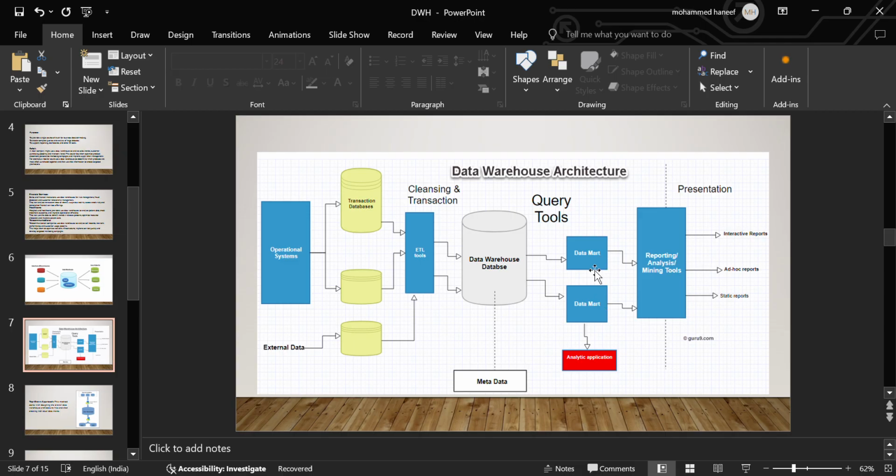Because if you see in the enterprise data warehouse, if all the users are extracting the data from it, what will happen? Whenever all the customers at the same time are trying to generate reports connecting to the enterprise data warehouse, due to resource unavailability it may hang the system.